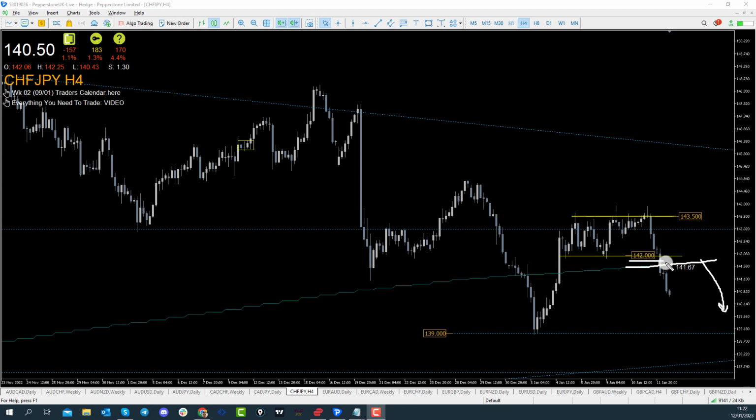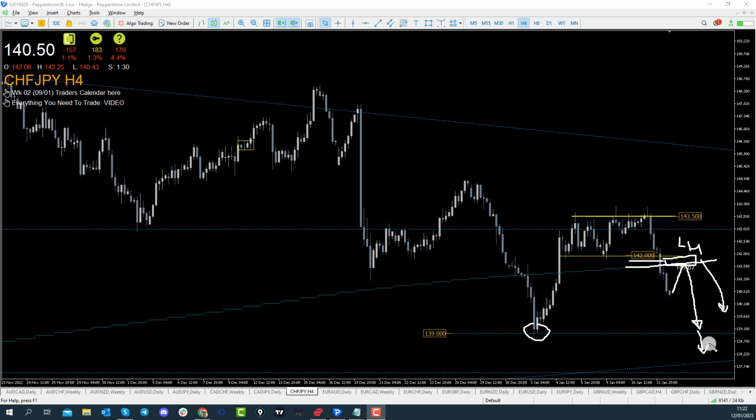So we've got this zone between the 200 moving average and the 142, which could offer us opportunities if sellers were to form a lower high here, because that's what we're expecting. We're expecting a lower high to come in at some point in order to see price trade down to the 139 handle, which would be our first target on any short trading opportunity here.